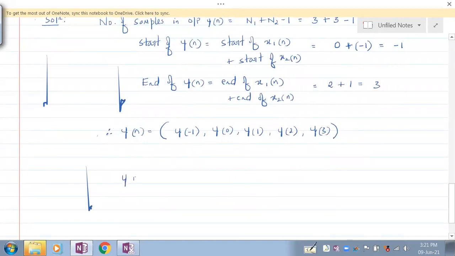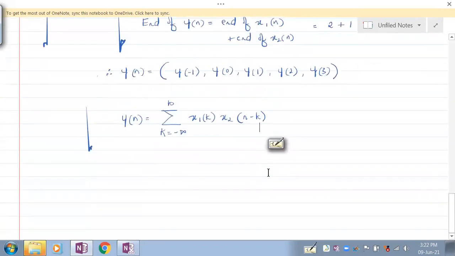See here. y of n is given by summation k ranging from minus infinity to plus infinity x1 of k into x2 of n minus k. Everybody understand this? Now, which is the first sample to find out? n equal to minus 1.